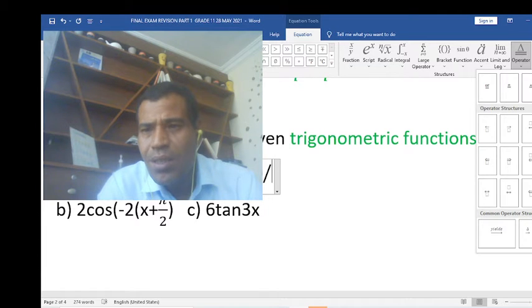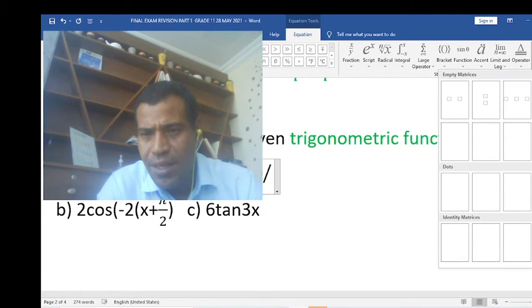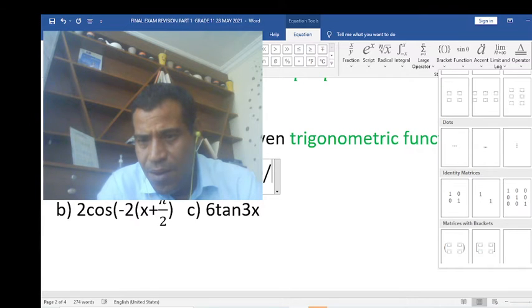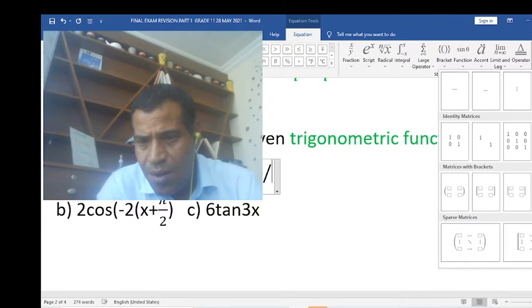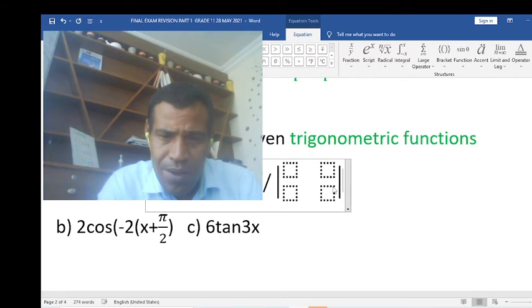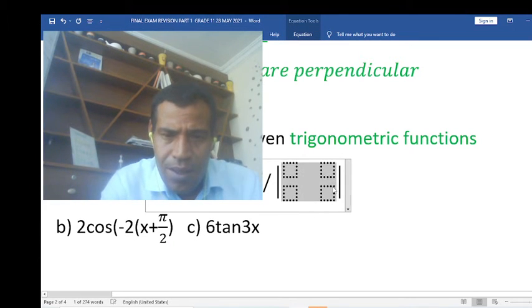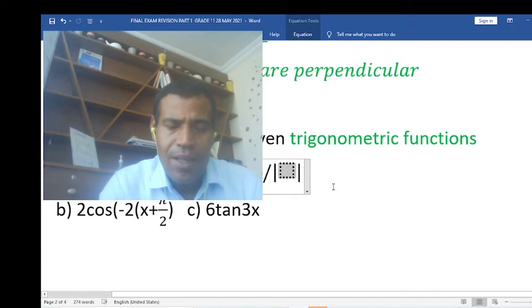Now here is not it, maybe this one in matrices. I will suppose this one, then I will erase. Okay, the magnitude of small a.